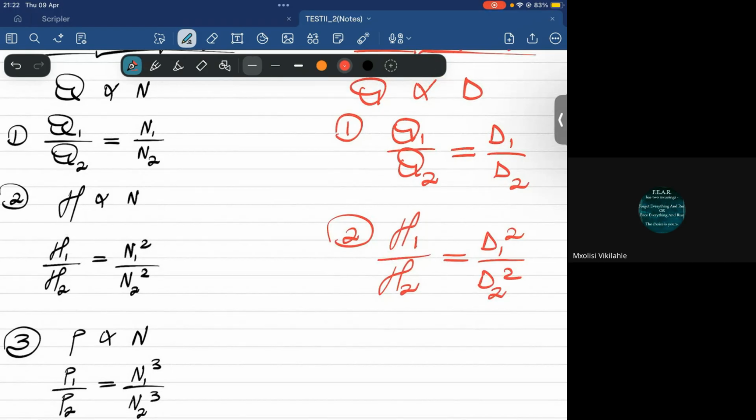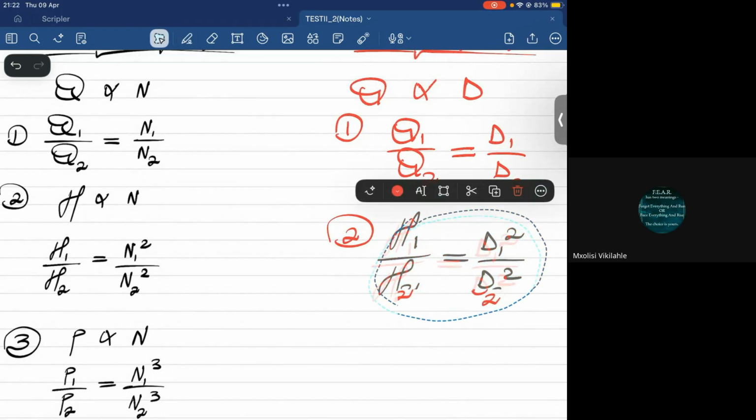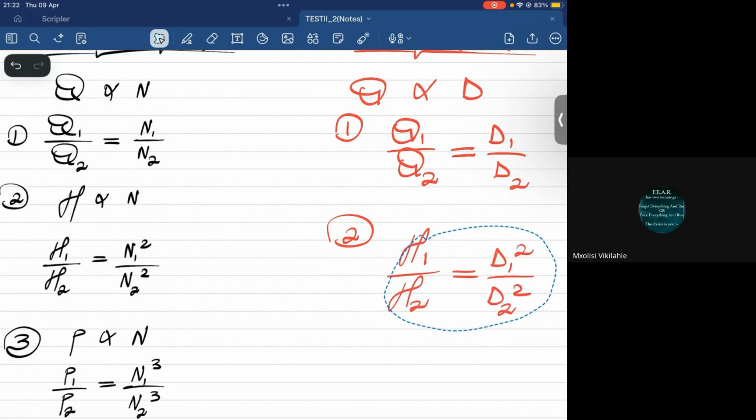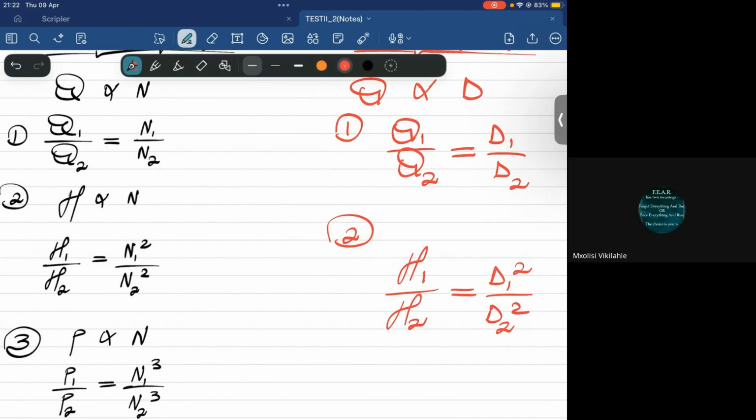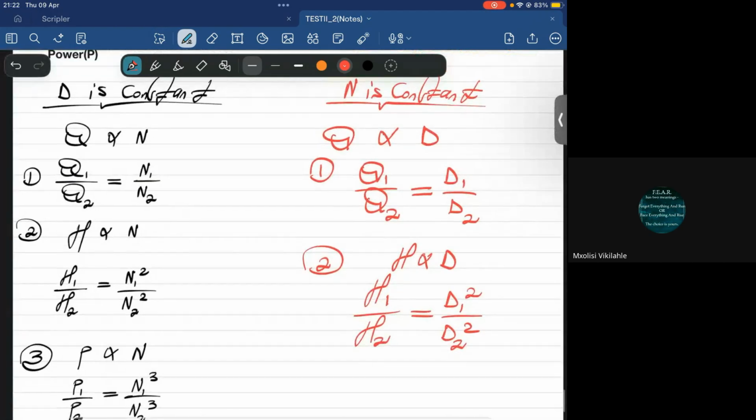And this means that even here, the head is still directly proportional to the diameter because the impeller speed is constant.